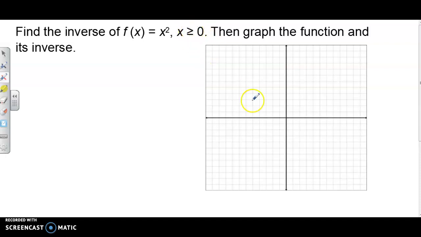If you want to know what the graph of that looks like, just think about if you're graphing this quadratic, remember you start at 0, 0, you follow the 1, 3, 5 method, so you go right one, up one. Now normally I would go left one, up one, but since my x is greater than or equal to 0 is a restriction on my domain, I can only go right one, up one, and then go right one, up 3, and then right one, up 5.